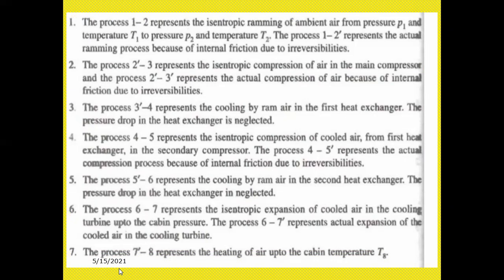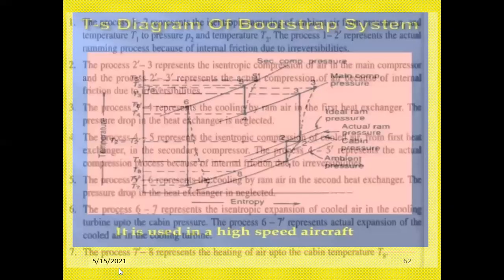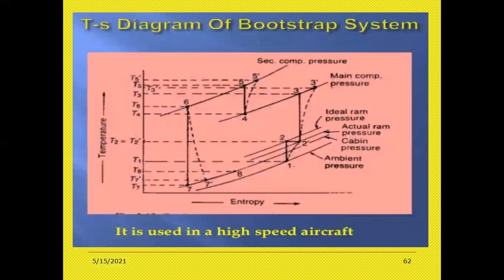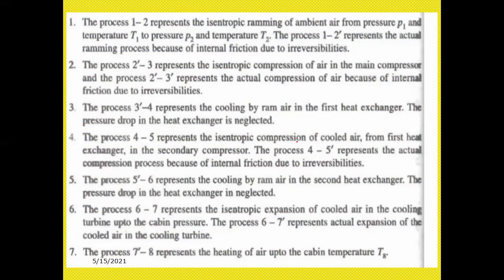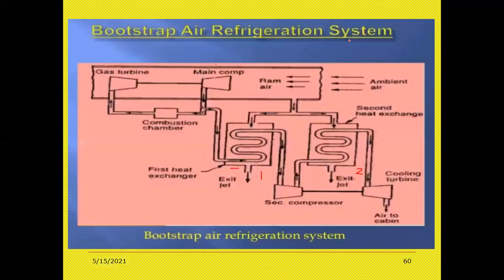So what is the first step here? The process 1-2, see here, the process 1-2 represents the isentropic ramming process.